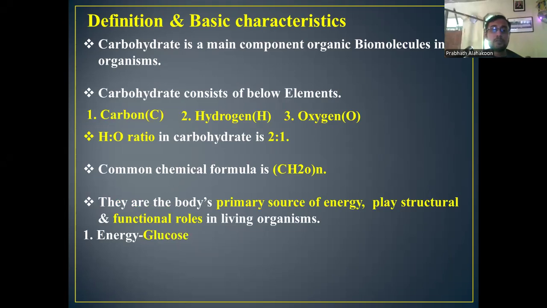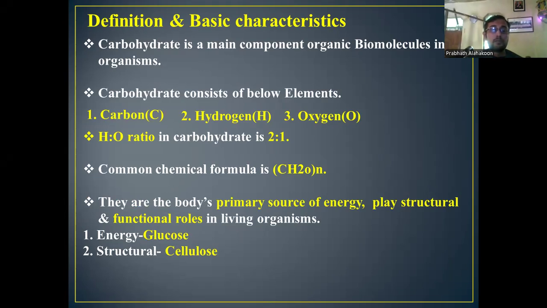Examples of energy, structure and function. First is energy. For example, glucose is used for cellular respiration as a main ingredient. Cellular respiration is used to produce energy. Next is the structural function.